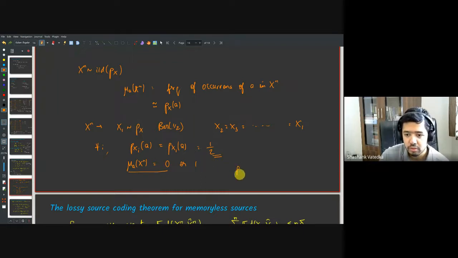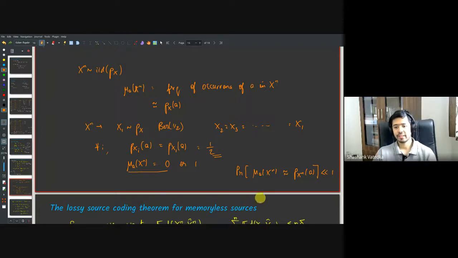So the probability that mu A of xn is very close to the true probability is very, very small. With very high probability, it's never going to be close to the true probability, right?